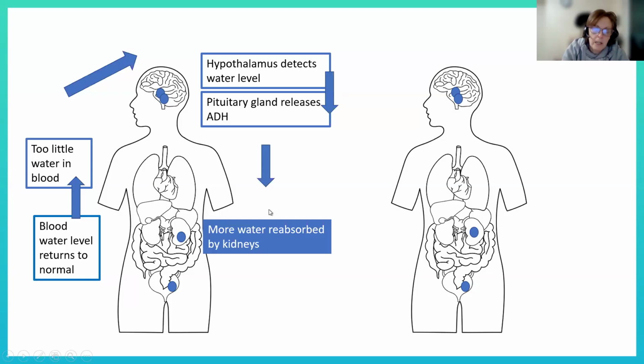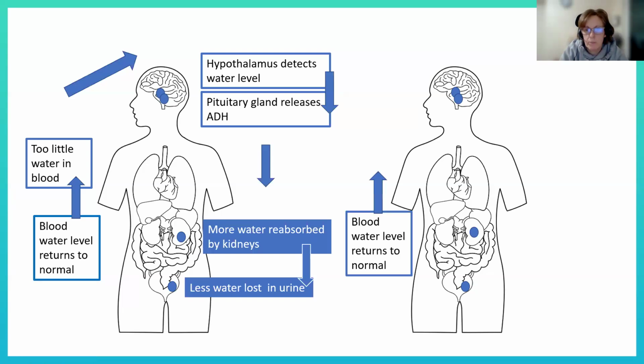And rather than releasing a load of water in our urine, we reabsorb more due to this antidiuretic hormone. And then because we've reabsorbed more water, less water is lost in the urine, then our blood level will return to normal.